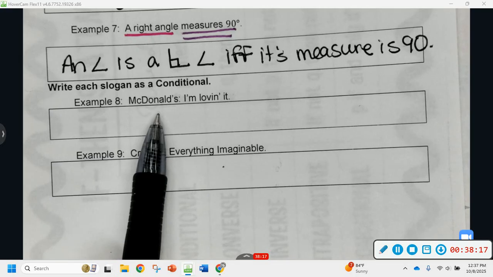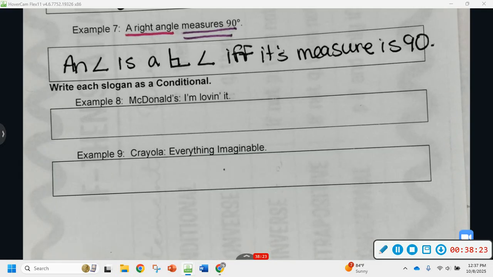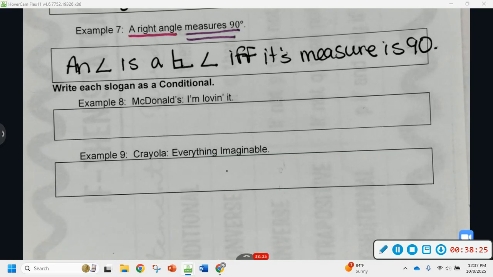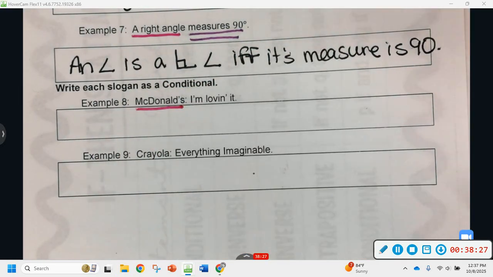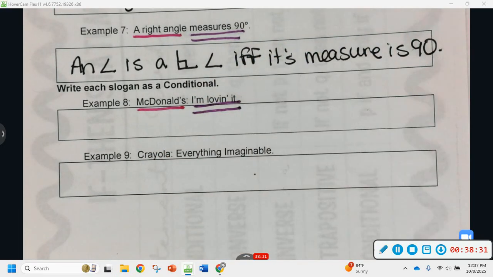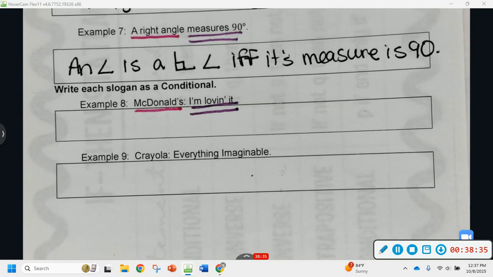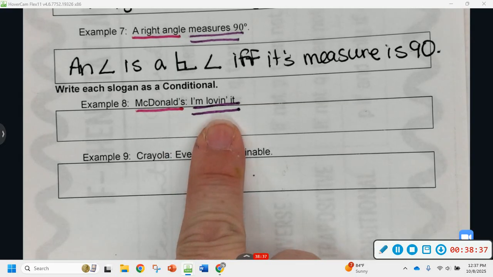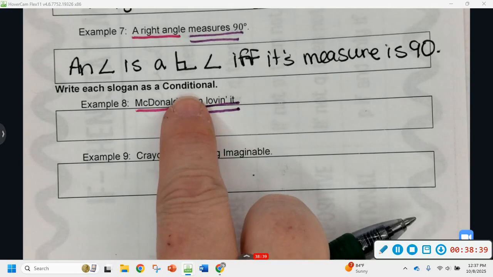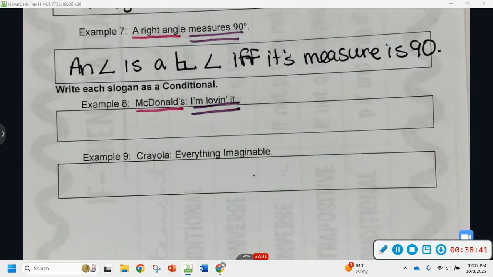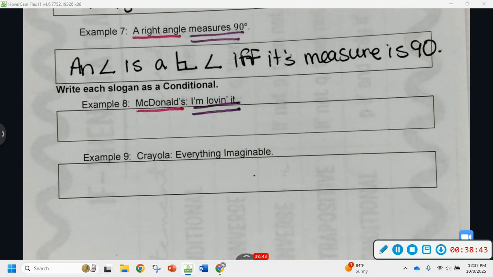So anytime you've heard McDonald's, it goes ba-da-ba-ba-ba, I'm loving it. So our hypothesis is we're talking about McDonald's. Our conclusion is that we're going to say that we're loving it. So I wouldn't just say if McDonald's, then I'm loving it. I want to create it in a sentence that sounds good.